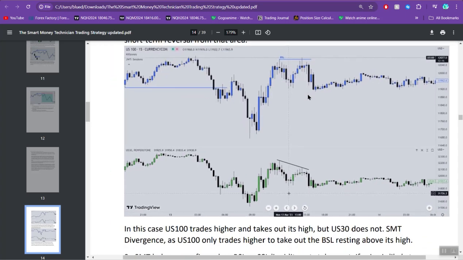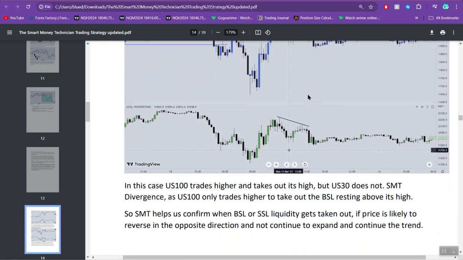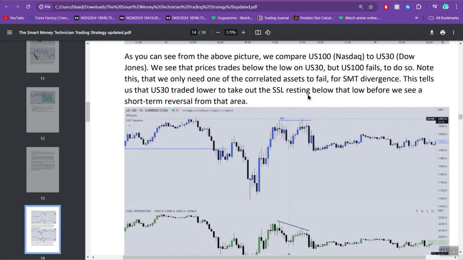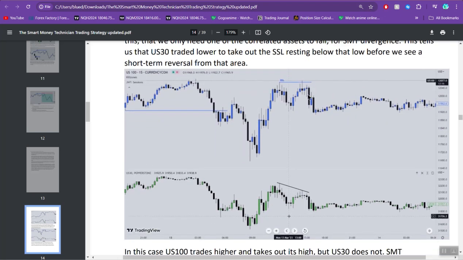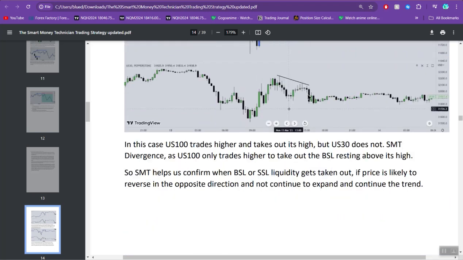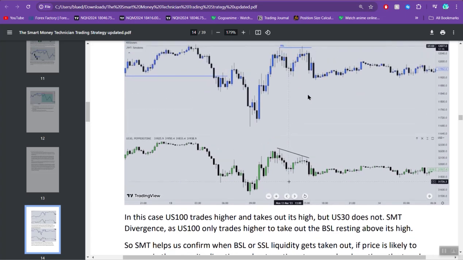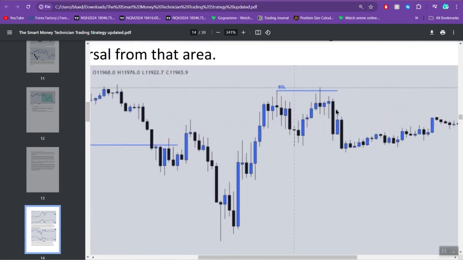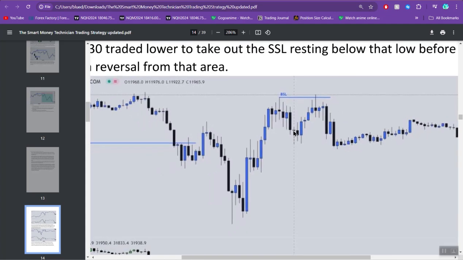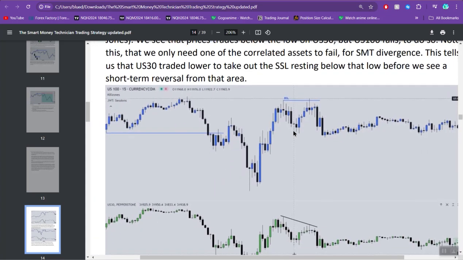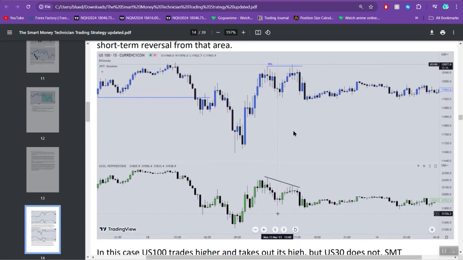SMT divergence. So if you don't understand, you can always ask questions in the comment section. And basically, I just want to show you some actual chart examples, because you might think that this is some cherry-picked example, and I can assure you it's not if you go and look for it your own self in the chart. It's always there.